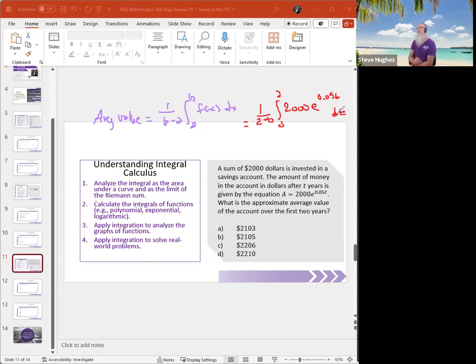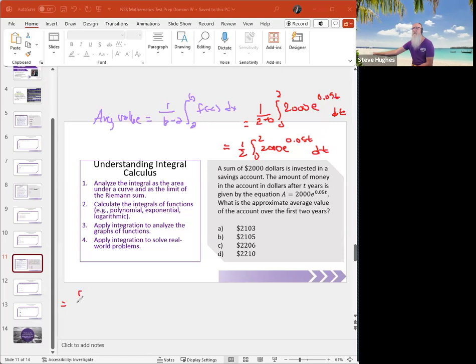So that's what we want to do. Making it a little simpler here, we have 1/2 the integral from 0 to 2, 2,000 e to the 0.05 t dt.